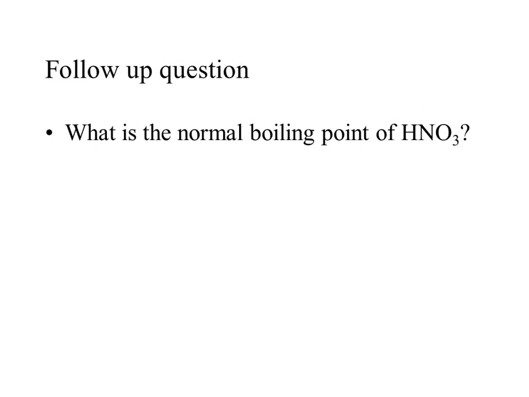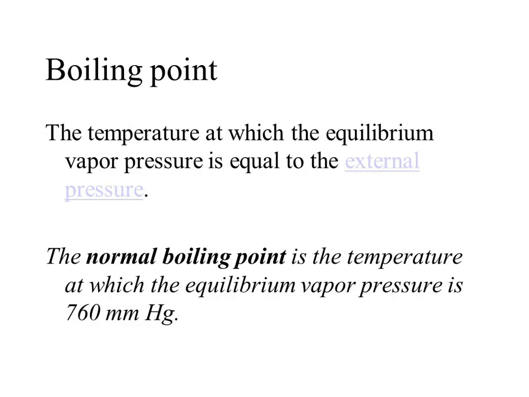So we're going to revisit that Clausius Clapeyron plot, and we're going to knock out what is the temperature that nitric acid would boil at normally. By definition, the boiling point temperature in general, forget the normal, is when the equilibrium vapor pressure is equal to the pressure of the atmosphere, called the external pressure of the atmosphere.